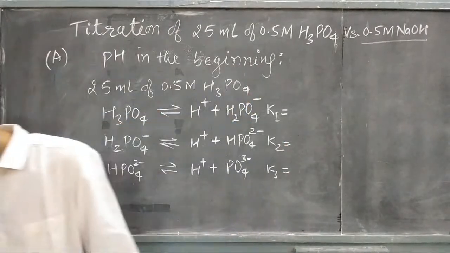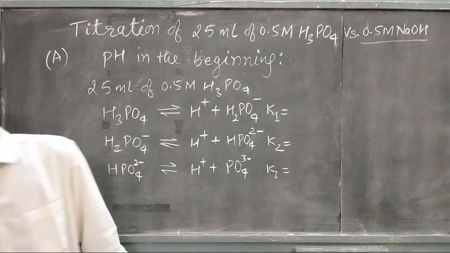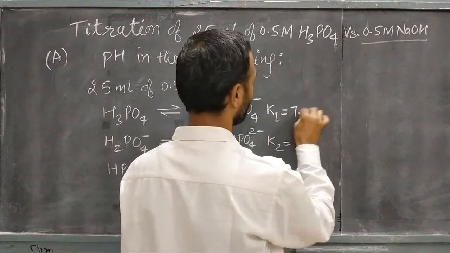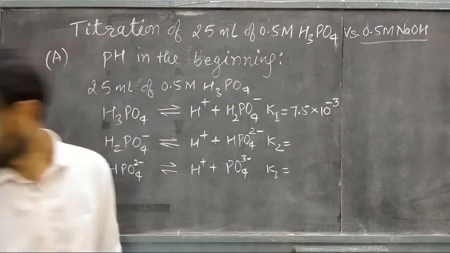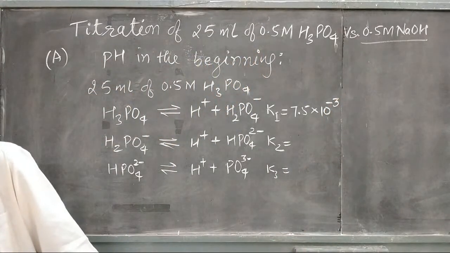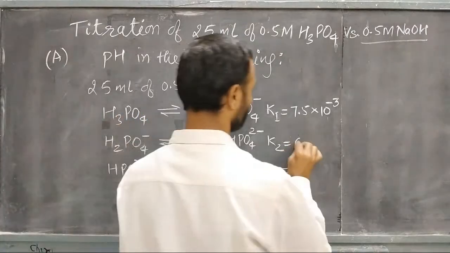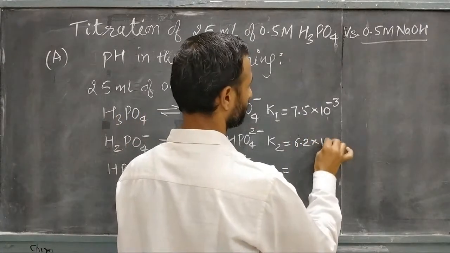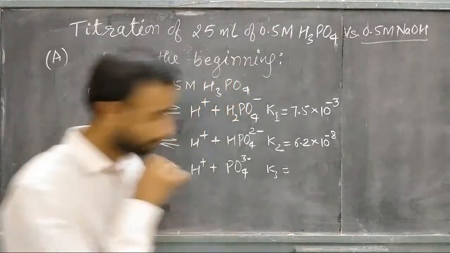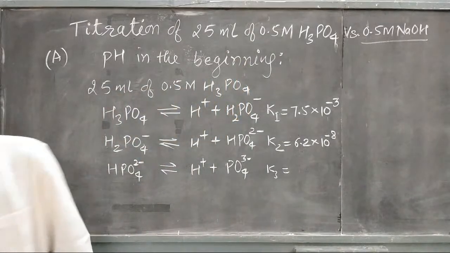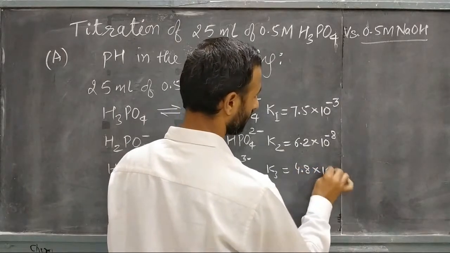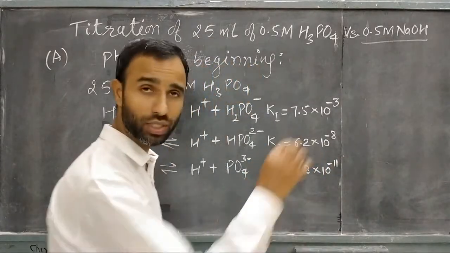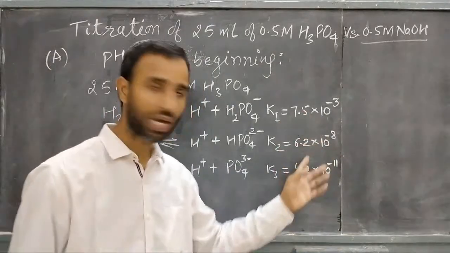The value of K1 is given as 7.5 into 10 raised to power minus 3, the value of K2 is 6.2 into 10 raised to power minus 8, and the value of K3 is 4.8 into 10 raised to power minus 11. So you can look at these values.